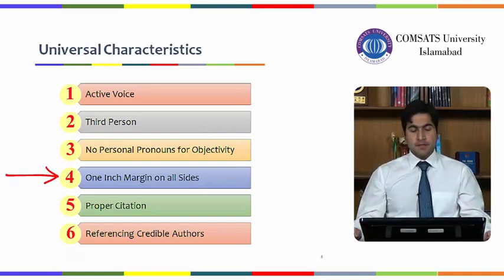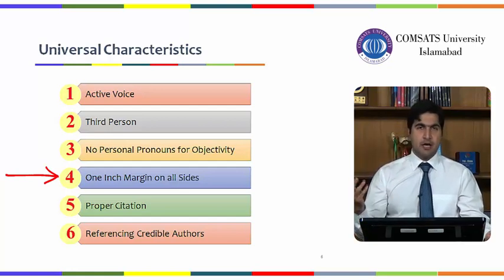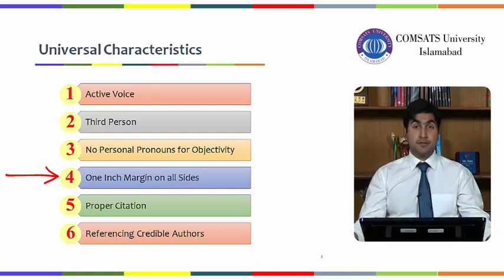The next is 1-inch margin on all sides. Now this basically refers to the different formatting styles that we have when it comes to writing, and especially doing academic writing, technical writing.